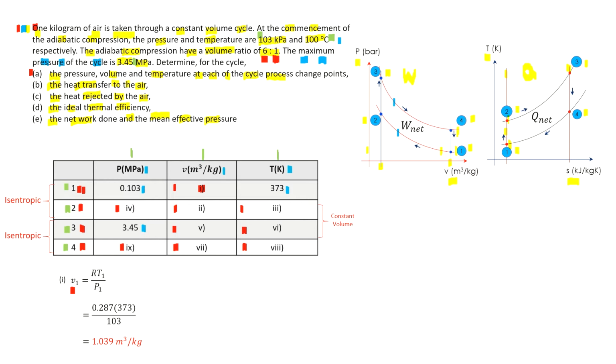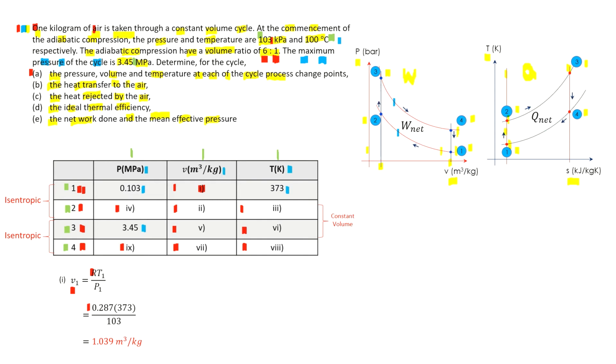Okay, so we know that for air, since the question says it is air, the specific gas constant, that is the uppercase letter R, should be equal to 0.287 or 0.2871. Okay, and then the temperature T1 is 373 and the pressure given is 103.